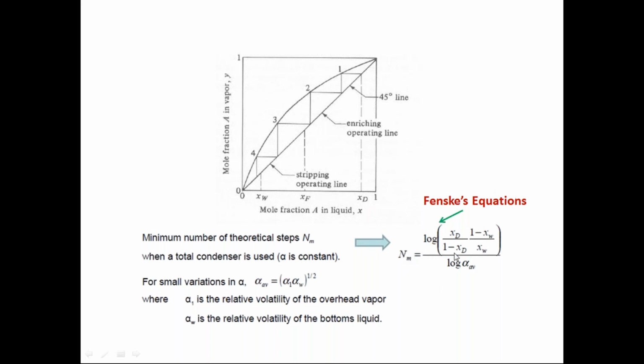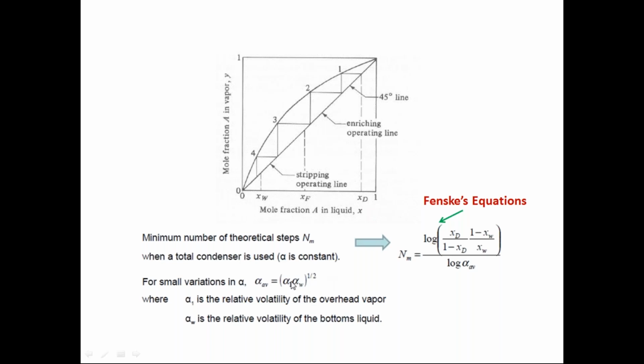So this is the Fenske's equation, and where alpha is varying, then you can take the alpha variations and take the alpha average like this, or you can take at the top of the column, at a given temperature and pressure, one alpha value, and at the bottom, that means near the reboiler, another alpha value.